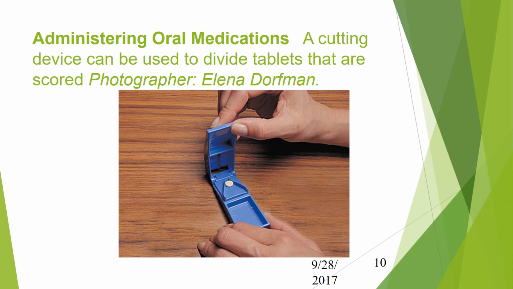For home use, if you're putting it in a pill container, put the pieces next to each other, so if you got a little more than a half one day, you'd get a little less than a half the next day. But this has a razor blade that'll cut it in half.